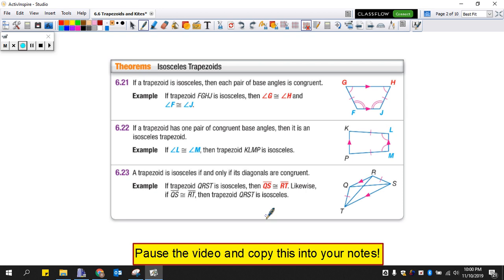And a trapezoid is isosceles if and only if its diagonals are congruent. So the easiest way to figure out if it's an isosceles trapezoid is to find the diagonals, and if the diagonals are congruent, then it's an isosceles trapezoid. Pause the video and copy these three theorems into your notes.